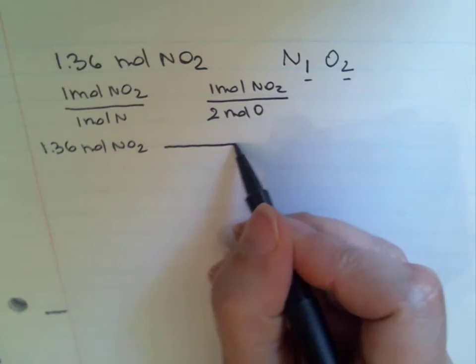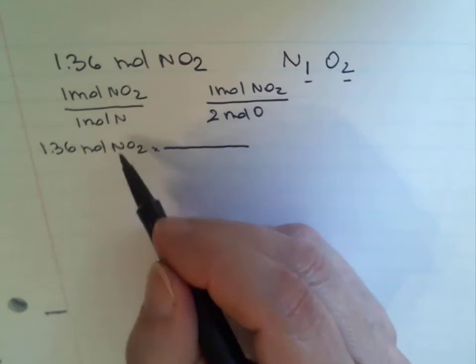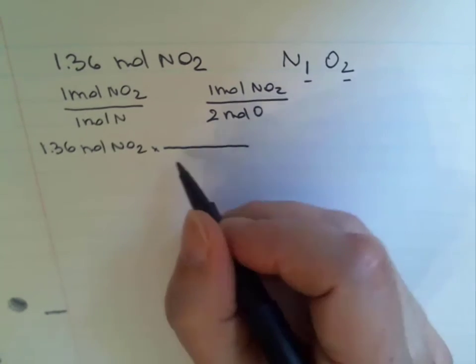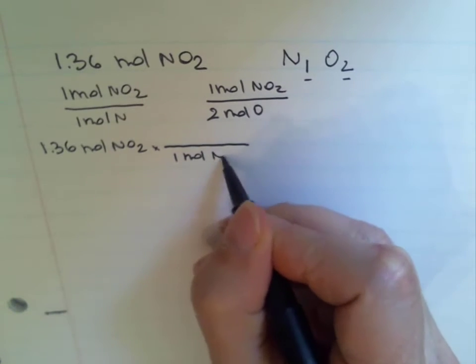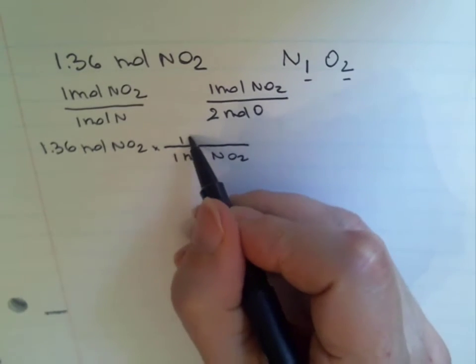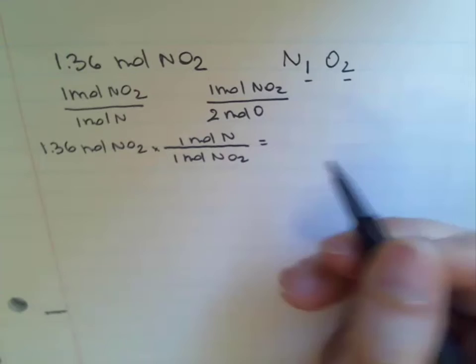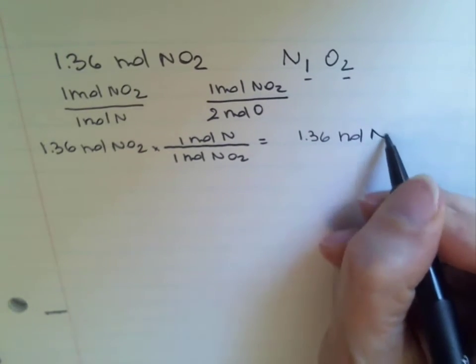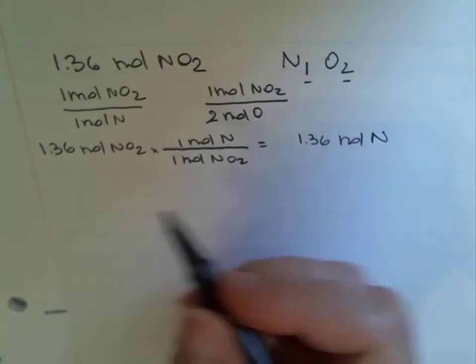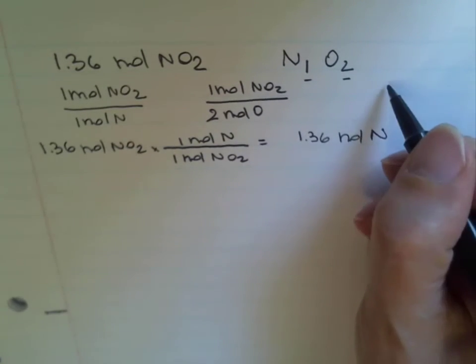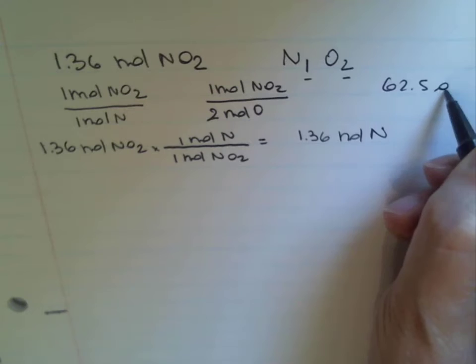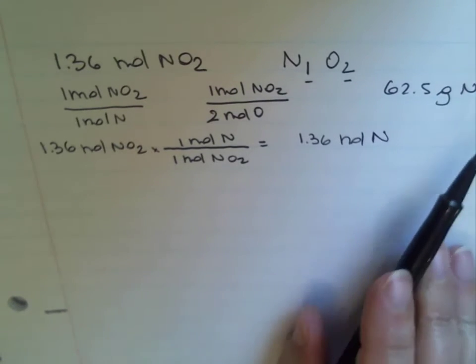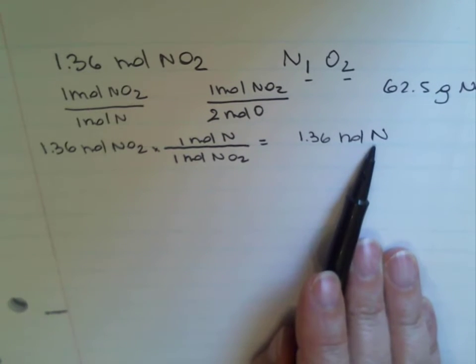I will just place my conversion factor so that the unit that I want to cancel out is across, so 1 mole of nitrogen per 1 mole of NO2, and this will give me 1.36 moles of nitrogen. So we can say that 62.5 grams of NO2 contain 1.36 moles of nitrogen.